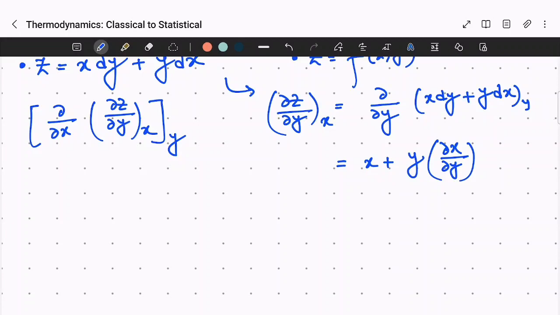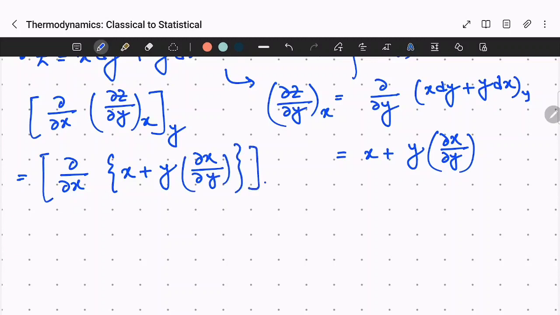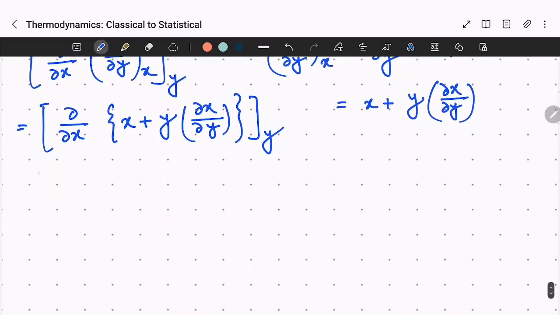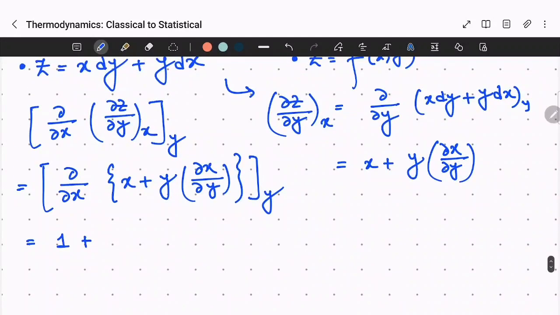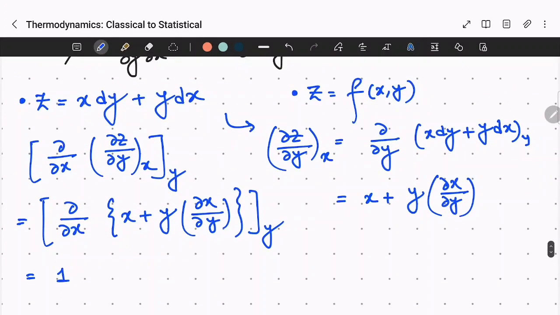Okay, here x is constant, not y is constant, there is a mistake.